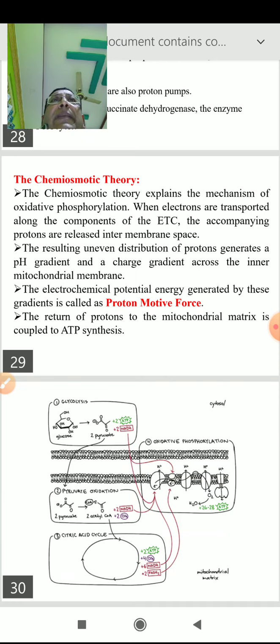The resulting uneven distribution of protons generates a pH gradient. There is an ionic gradient and a pH gradient, a hydrogen ion gradient, and a charge gradient across the inner mitochondrial membrane. The electrical potential energy generated by this gradient is called the proton motive force. The return of the protons to the mitochondrial matrix is coupled to ATP synthesis.